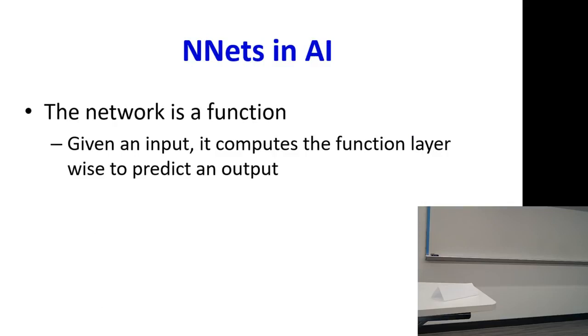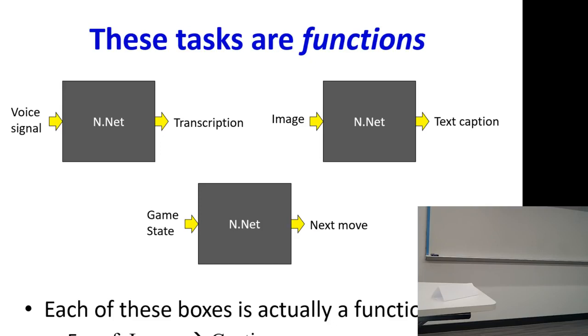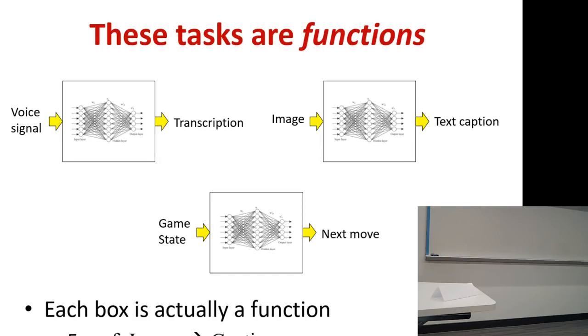So when I'm speaking of neural networks in AI, the network is just a function. Given an input, it computes the function layer-wise to predict the output. And so what are all of these boxes? These boxes are just neural networks. In all of these tasks that we just saw, the little structures that I just showed you are the structures that actually go into these boxes.